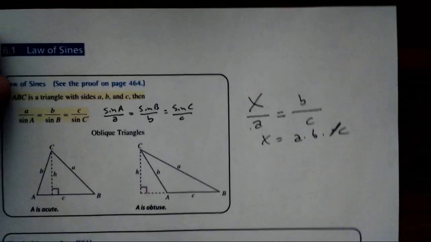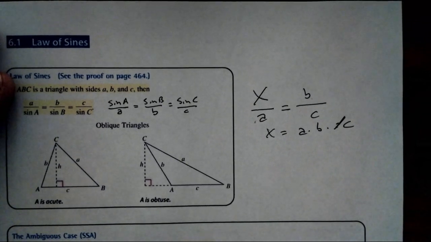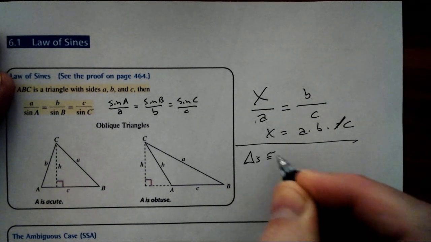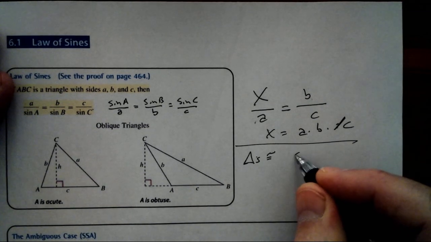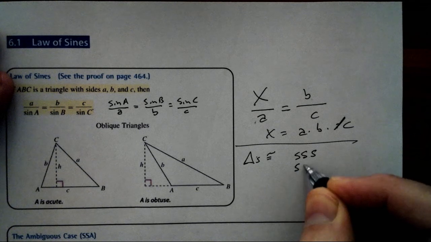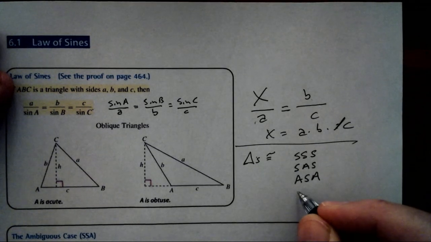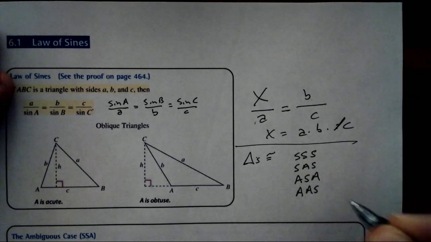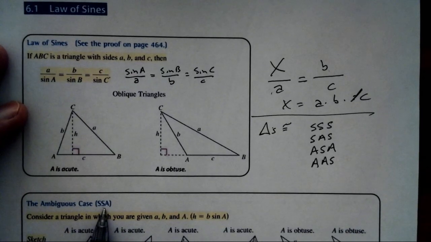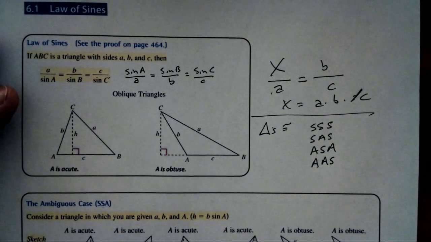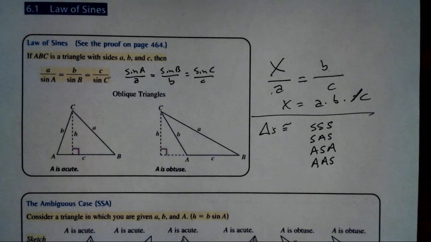If we go back to geometry, to when we prove triangles congruent, we would use side-side-side, side-angle-side, angle-side-angle, angle-angle-side, but we could not use side-side-angle, or worse yet, angle-side-side. We couldn't use those because it doesn't guarantee congruence.